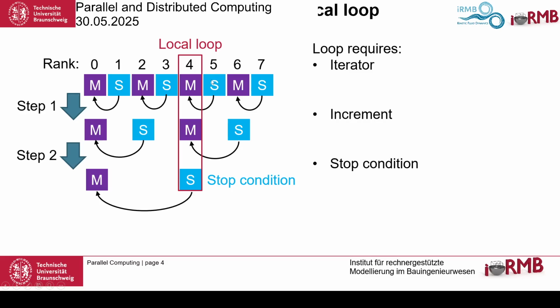So this master receives once from its direct neighbor, then from its neighbor, and then it is no longer master, so it stops being a master. Yeah. So this is the loop over being a master.